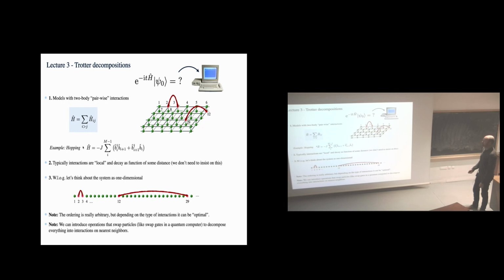For example, if you have bosons hopping between nearest neighbors in 1D, it would be a term like this, and you would only have the nearest neighbor terms, not all of the i larger than j terms. One little comment here, because quite often one hears that MPS, DMRG only applies to one-dimensional systems. To be clear, in principle one can use everything I say here also for higher dimensional systems.